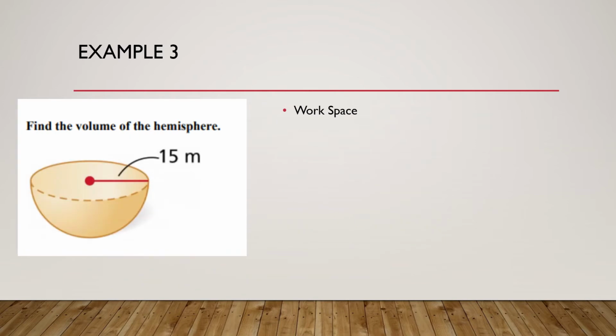So now we have a hemisphere. First, we're going to find the volume of the sphere. If it was a whole sphere, it would be 4/3 pi r cubed. Since it's a hemisphere, we then have to multiply that in half.